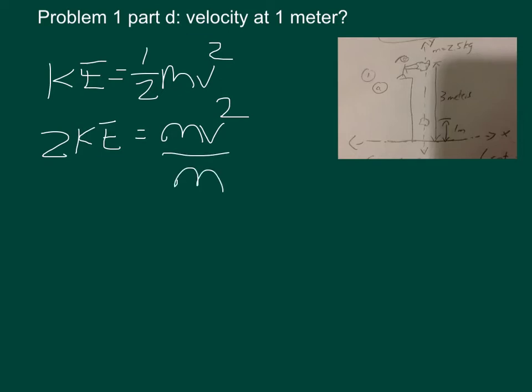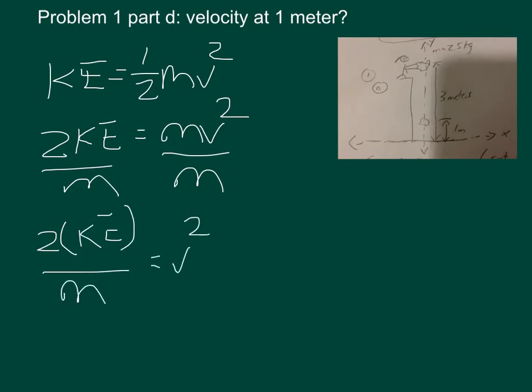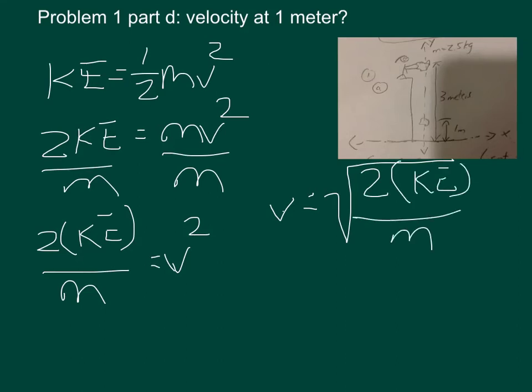If I divide both sides by mass, I get 2 times the kinetic energy divided by the mass equals the speed squared. And then if I take the square root, I get that the speed of the rock is going to equal the square root of 2 times the kinetic energy divided by the mass.